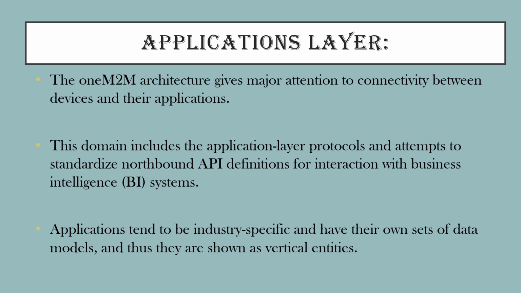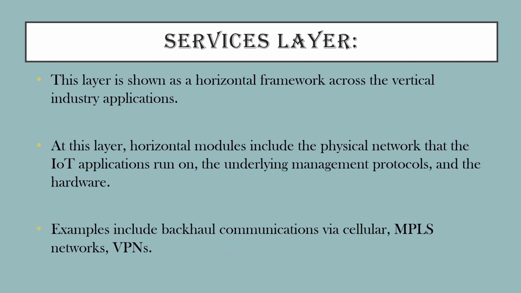Applications tend to be industry specific and have their own sets of data models, and thus they are shown in the vertical entities. And next layer is the service layer.